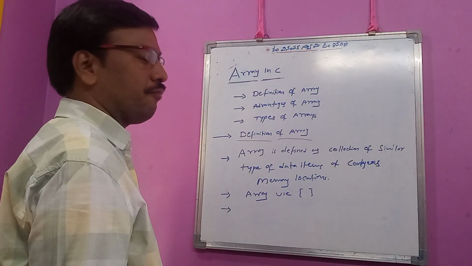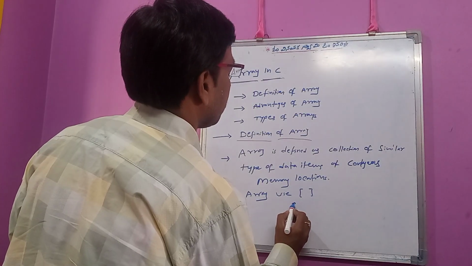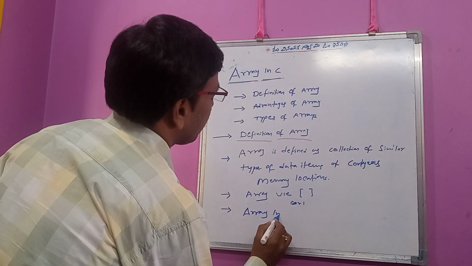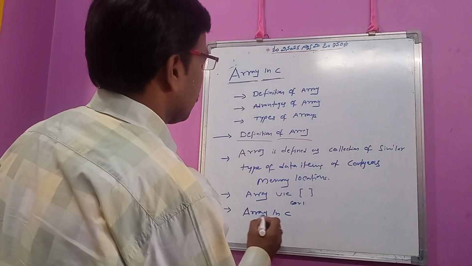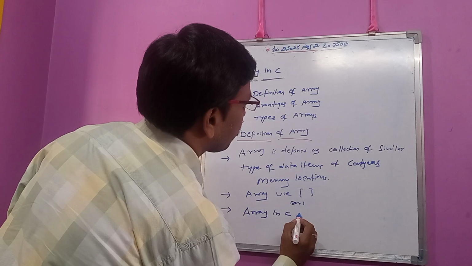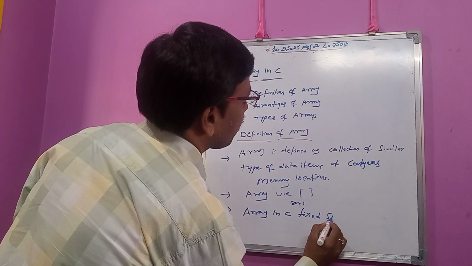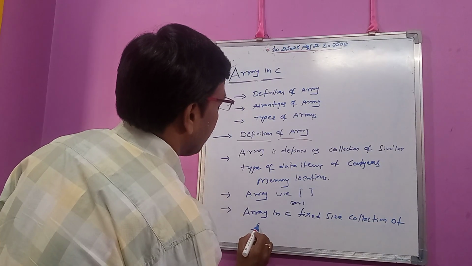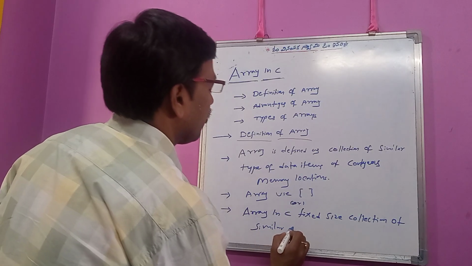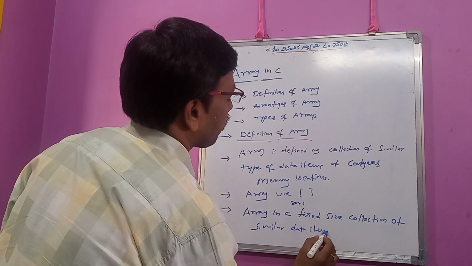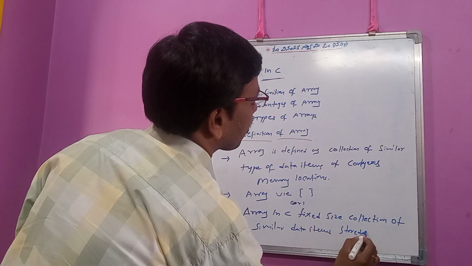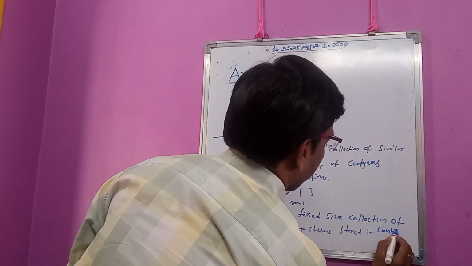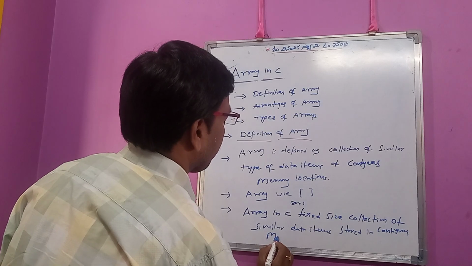We can define it another way. Array in C is a fixed size collection of similar data items stored in contiguous memory location.